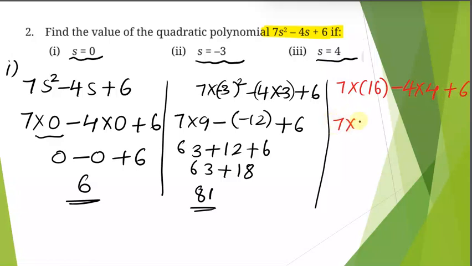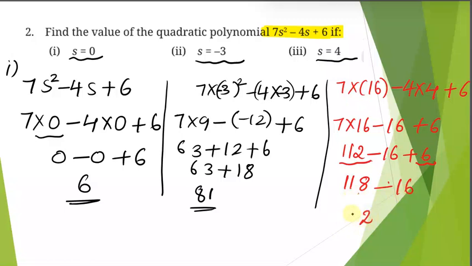So 7 into 16 minus 16 plus 6. 7 times 16 is 112. So 112 minus 16 plus 6. 112 plus 6 is 118, minus 16 gives 102. The final answer will be 102. Got the idea?